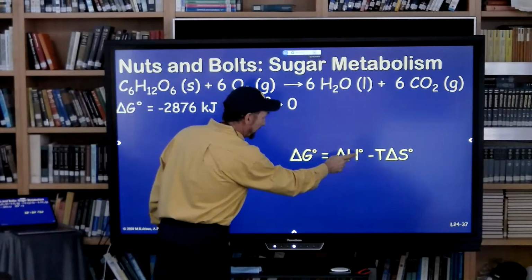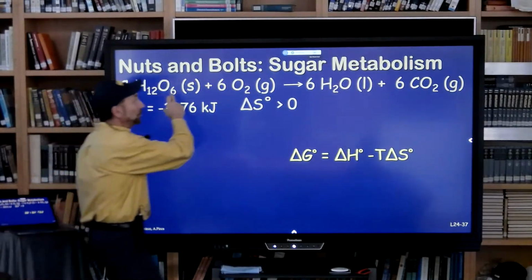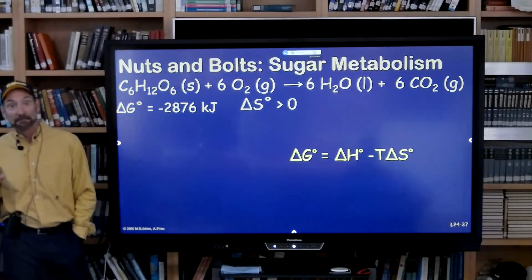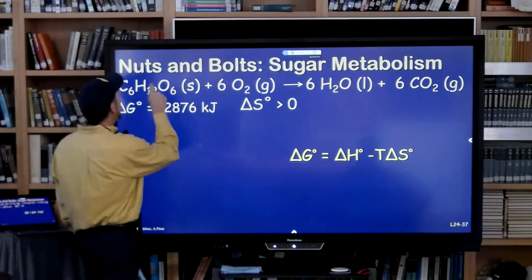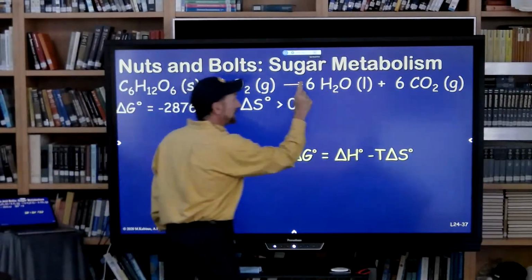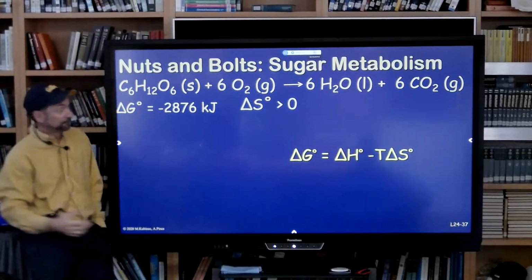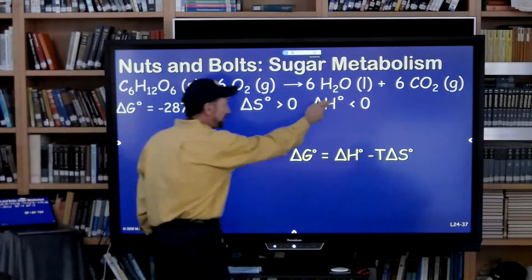Well, the standard state enthalpy, we can intuit, we can guess. Remember, I told you if you take nothing else home from Chem 1, hydrocarbon burning in oxygen makes carbon dioxide and water exothermically. That's burning. That's a flame. So delta H is negative.